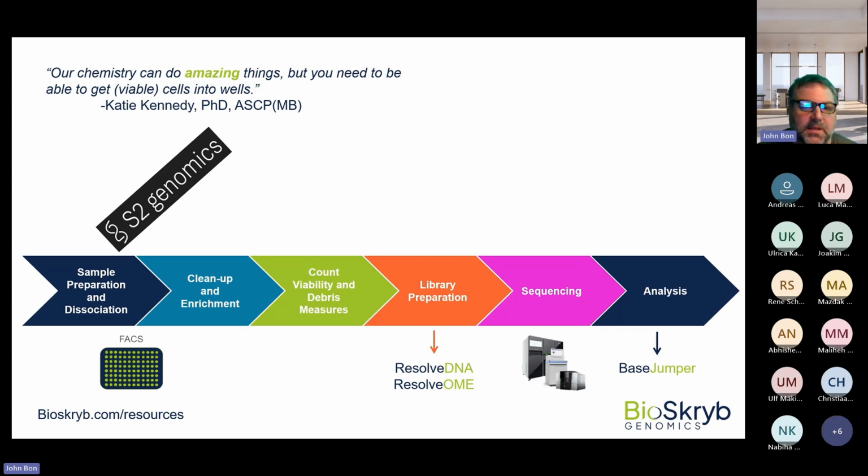You want good cells because we're trying to get the whole genome amplified as well as a full-length transcriptome. S2 Genomics is a really great platform to get good cells and good nuclei. We have the instrument in-house and use it consistently to isolate nuclei before we do ResolveOME or Resolve DNA.